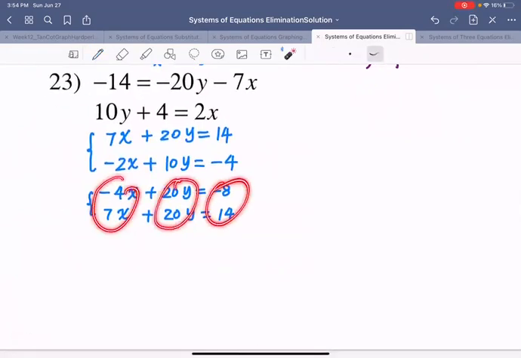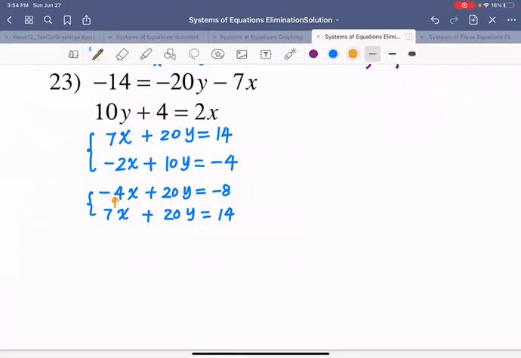Now, let's go ahead to this. So now you subtract. So would be 11x. You use the bottom one minus the top one. Very good. So 11x equals 22. Very good. 14 minus negative 8 is 14 plus 8, which is 22.